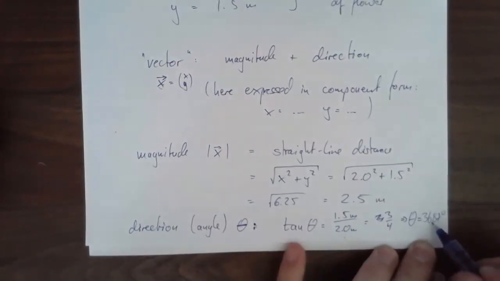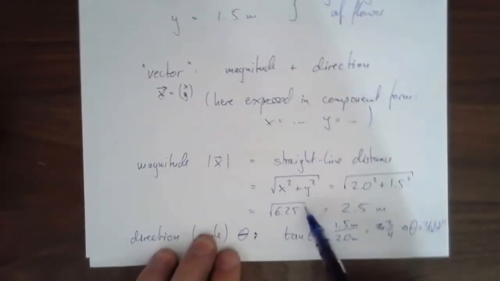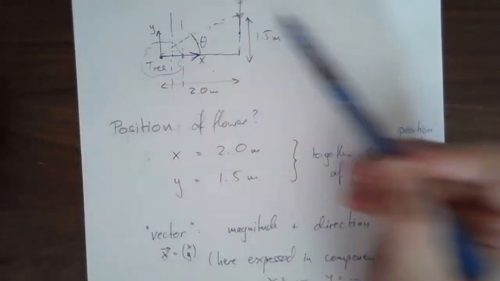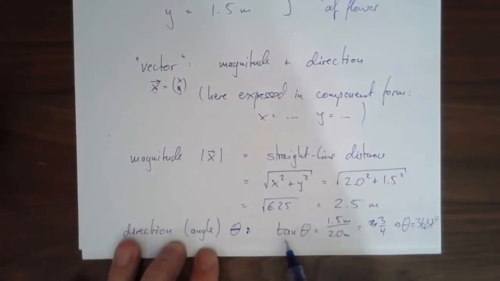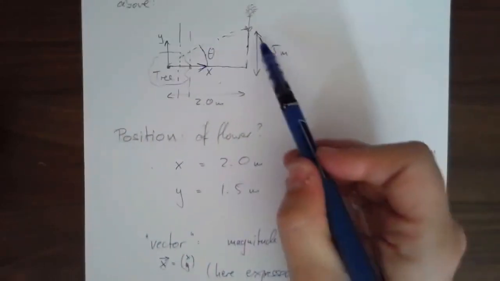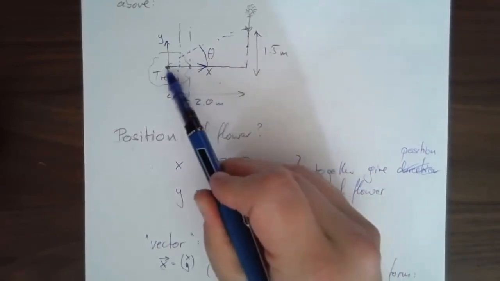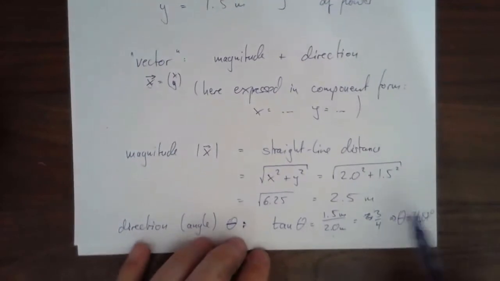You want to check it with your own calculator. So Pythagorean theorem here to determine the actual distance, and then the angle I determine essentially from trigonometry, and I could have used sine instead, opposite over hypotenuse, because I calculated the hypotenuse, or cosine, adjacent over hypotenuse. Either way, it's going to get me to the same answer.